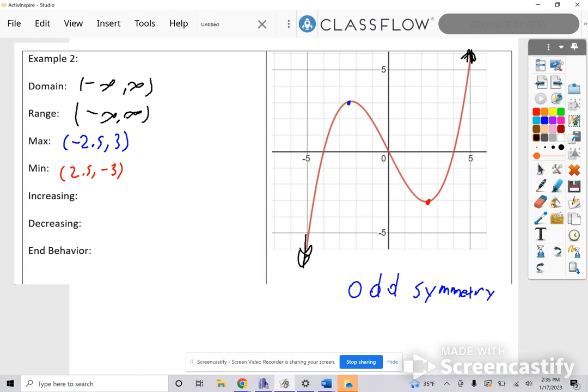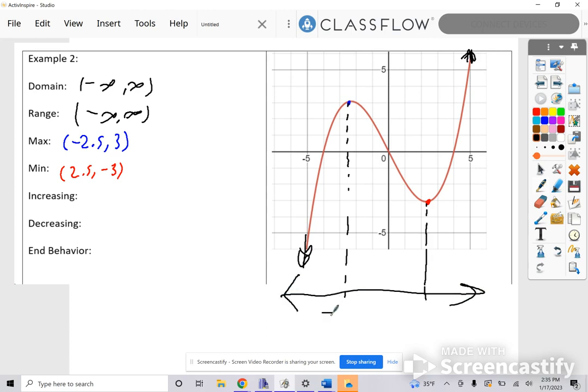Same idea. Let me erase this odd symmetry down here. I'm going to draw lines coming down from my maximum. I'm going to draw a line coming down from my minimum. Create a number line from negative 2.5 to positive 2.5. And we did try to keep these numbers a little nicer in your homework, but there are a couple that are kind of in the middle, so just make a good guess. When I do my highlighting here, I have an increasing section here, an increasing section here, and a decreasing section here.